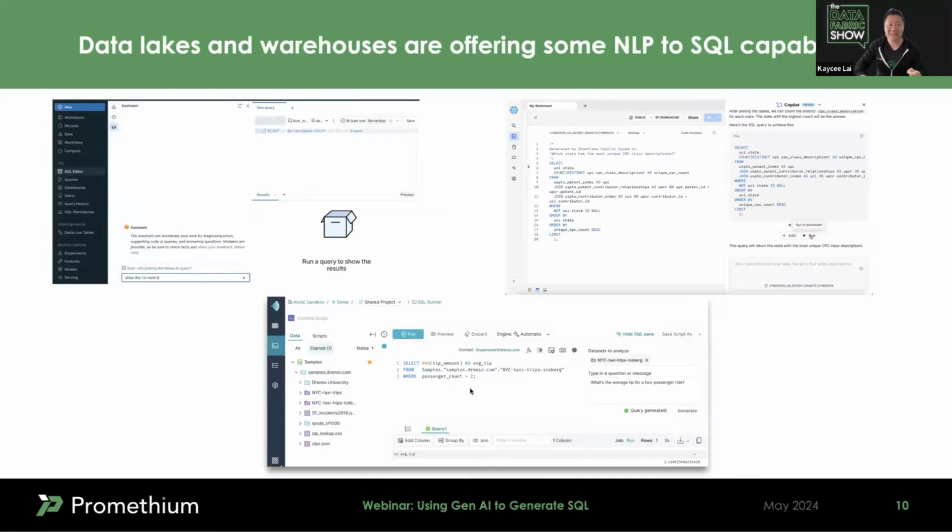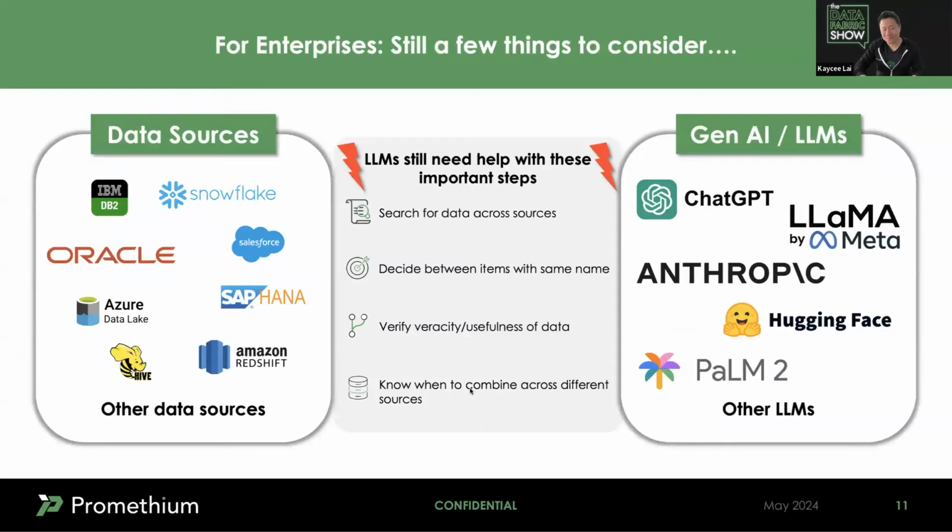But that comes with a price. One of the things you do need to realize is that it's not as easy as just throwing an LLM against your data warehouse or data lake of choice. Because within an enterprise, most enterprises that we see, not all your data is in Databricks, in Snowflake, or in Dremio.